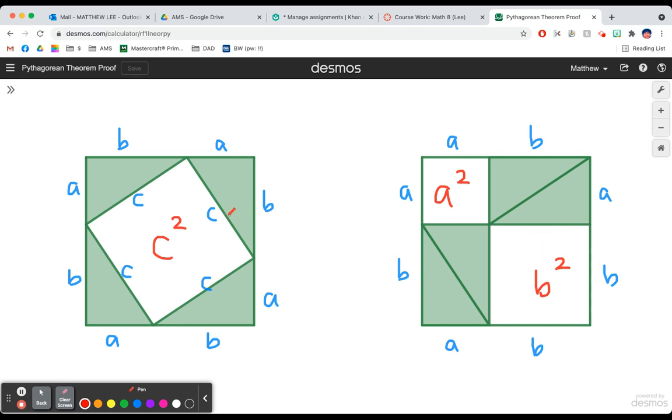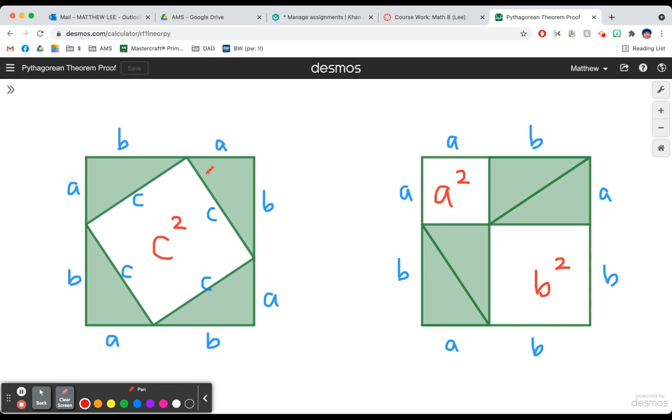We talked about in the beginning that I took these four right triangles and all I did was rearrange them in the bigger square to make it look like this. So if I started here, the empty space, no matter how I rearrange the green right triangles, as long as they're still in the bigger square, whatever leftover white space I have should be equal.